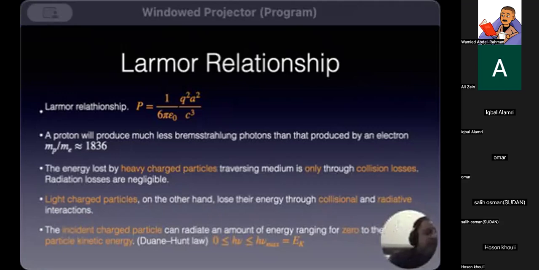Now, what is the energy of these X-rays emitted through the Larmor relationship, or what we call Bremsstrahlung radiation? By the way, the Larmor relationship also works for electrons being accelerated, not only decelerated. So when we give energy to an electron, when we're accelerating an electron, part of that energy will be converted to kinetic energy, but part of it will actually be emitted as photons.